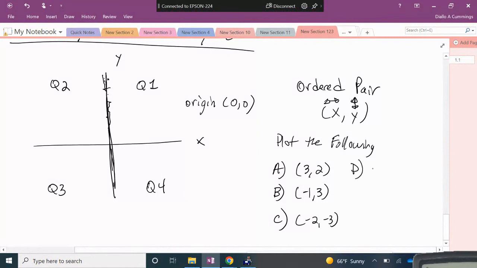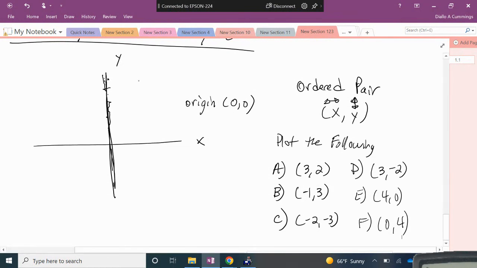We're going to plot D, which is 3, -2. We're going to plot point E, which is 4, 0, and point F, which is 0, 4. So I'm just going to use a hand-drawn graph, nothing spectacular. This is not drawn to scale by any means.